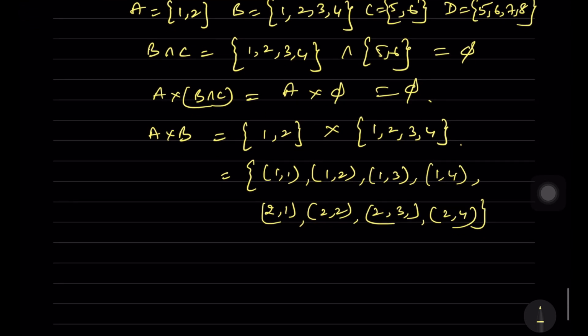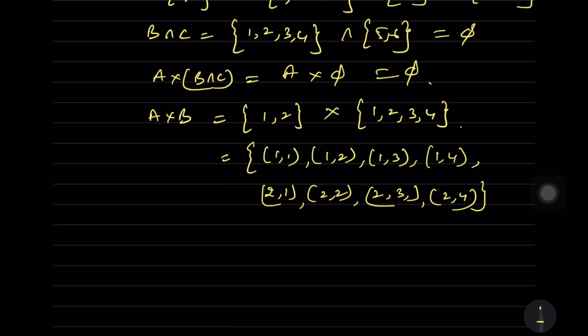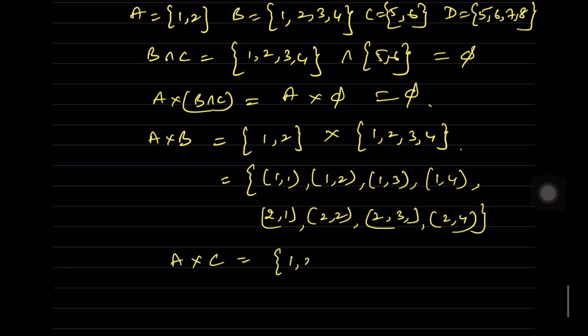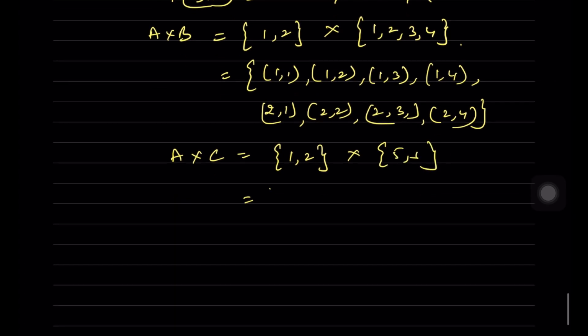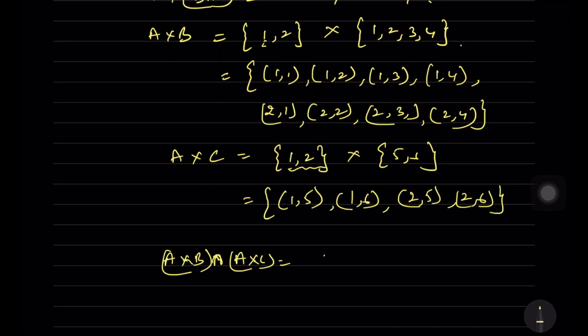Now you can see what A cross B is. We'll see what A cross C is. A cross C is equal to {1, 2} cross {5, 6}, which you can write as (1, 5), (1, 6), (2, 5), (2, 6). So (A cross B) intersection (A cross C) is the empty set.